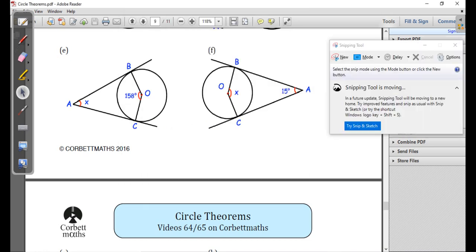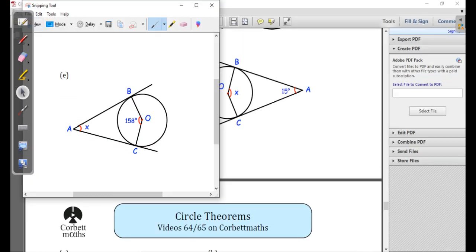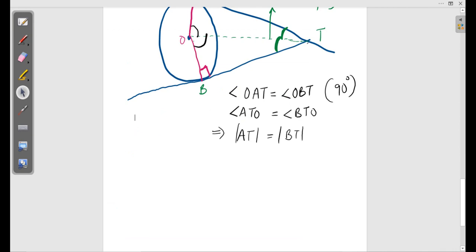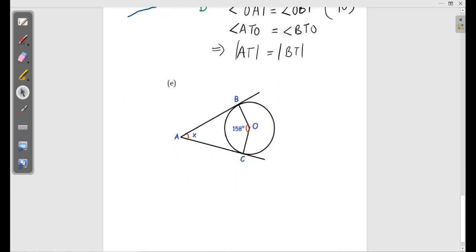So we look at this question. For this question, I already know this is my radius and this is my tangent, so this forms 90 degrees. This is another 90 degrees. So that means that x plus 90 plus 158 plus another 90 equals 360.